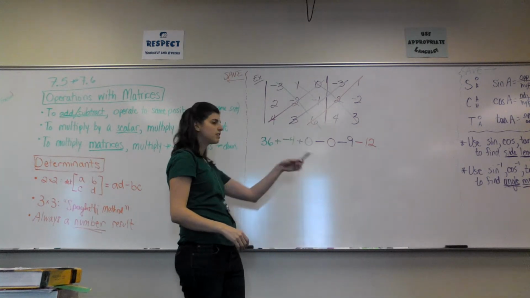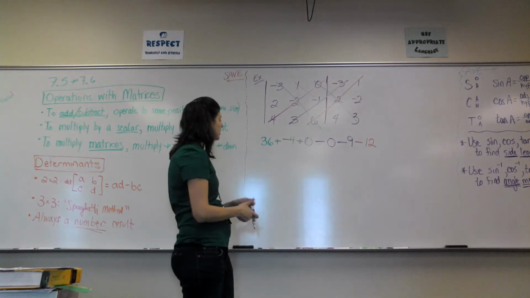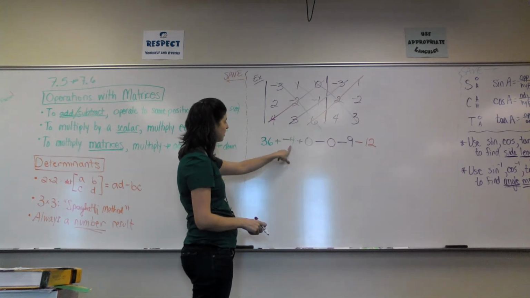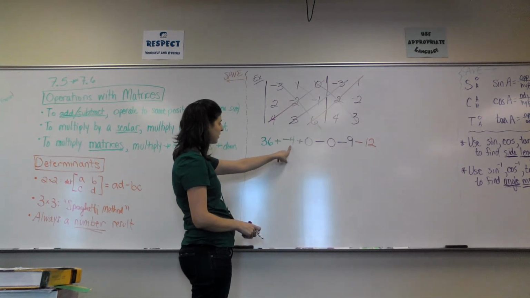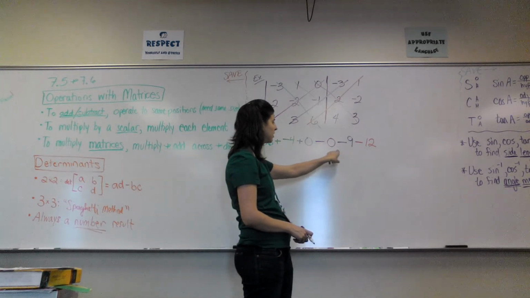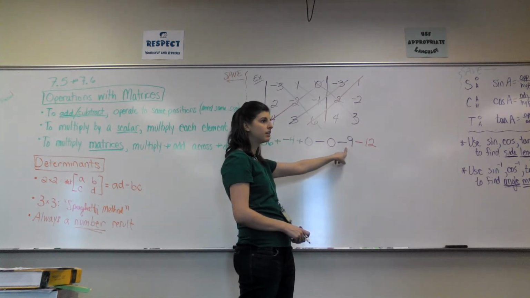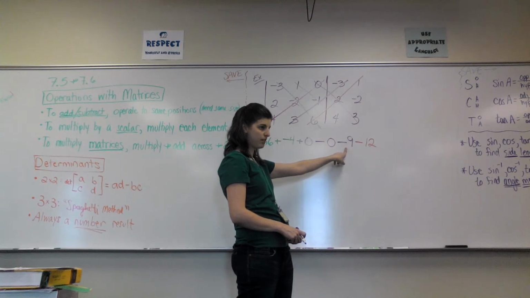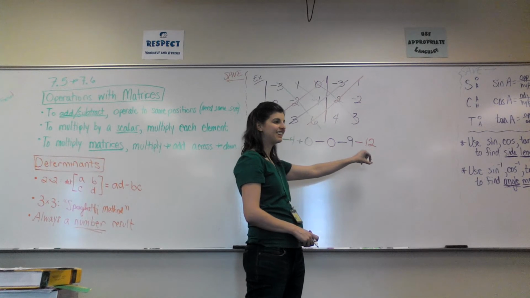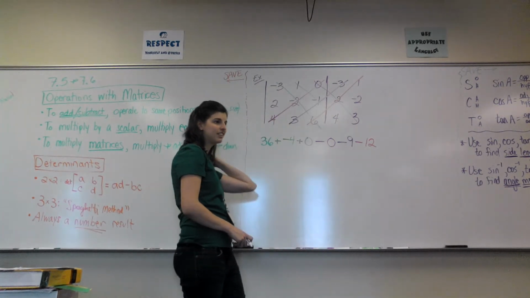And then you just evaluate. So you get 32 minus 9, 23, minus 12, 11.